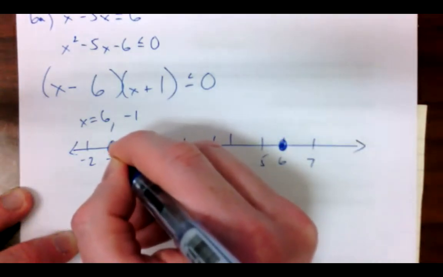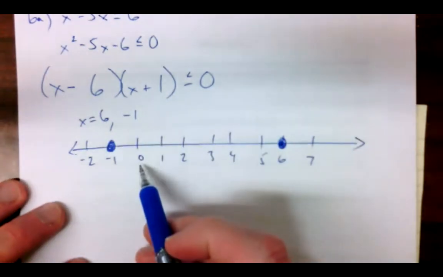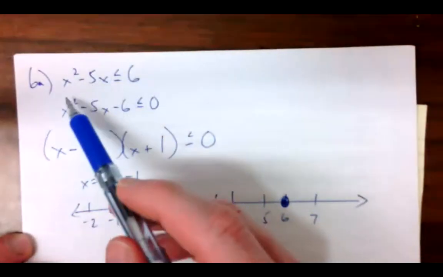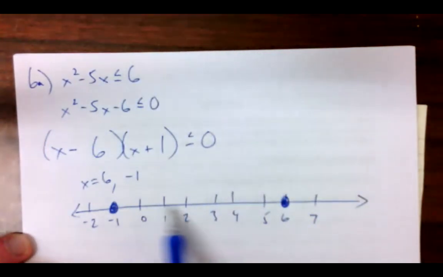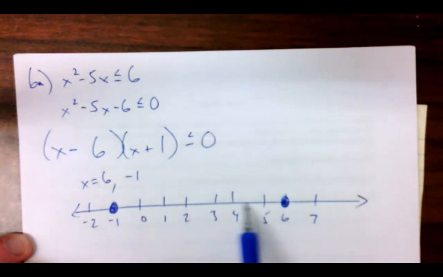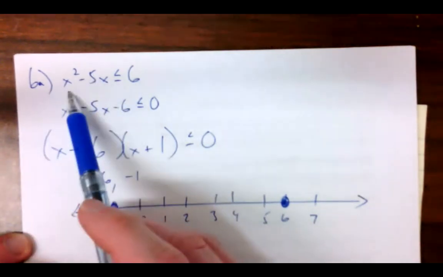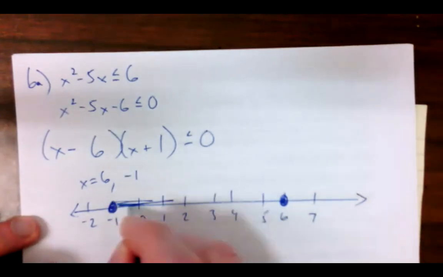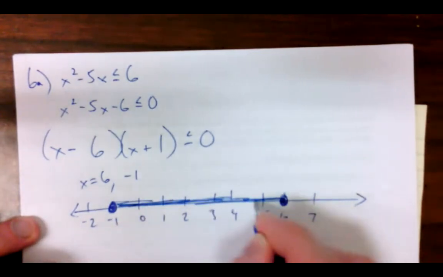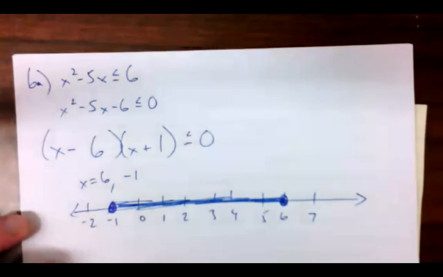I'm going to try 0 first, see how 0 works with the original equation. 0 minus 0 is less than 6. That works. And if 0 works, that means that I shaded in between. If 0 didn't work, if it was like 0 is greater than 6, then I would shade on the outside. But in this one, there's my solution space.